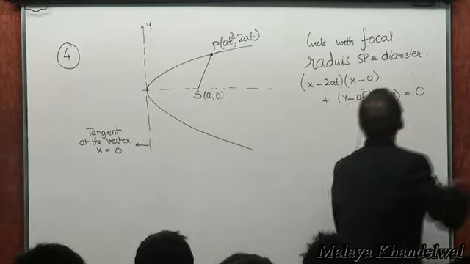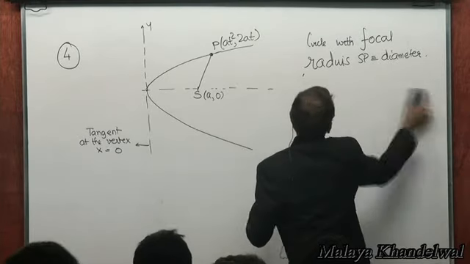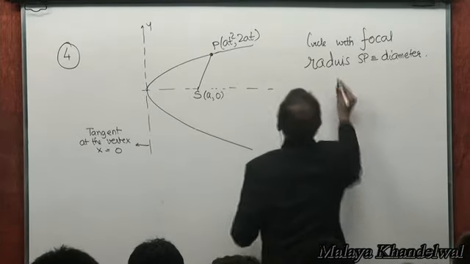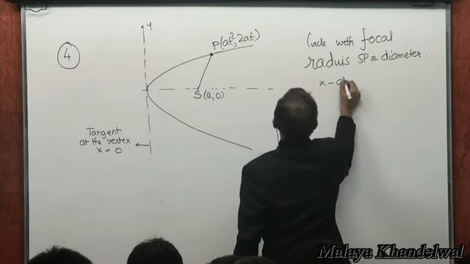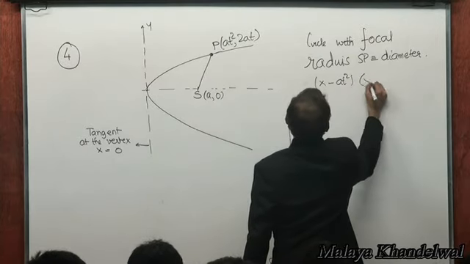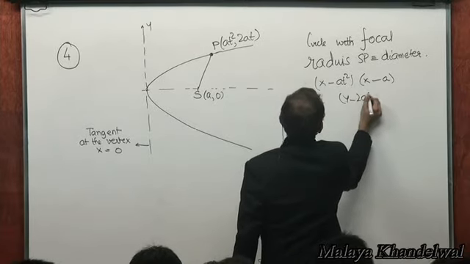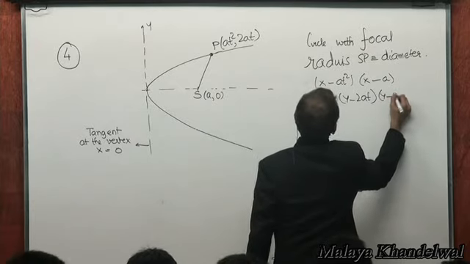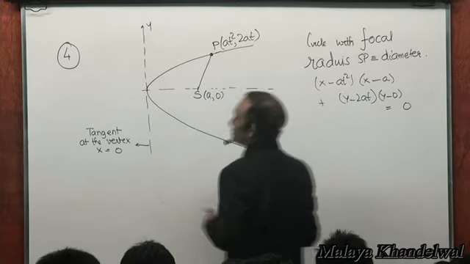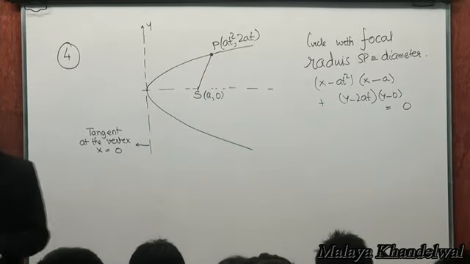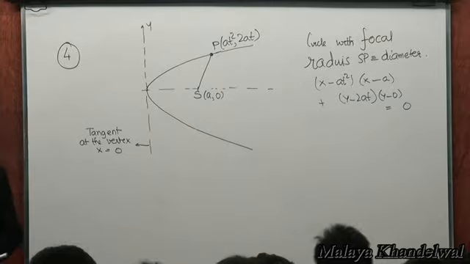I'm so sorry, I'll just fix this. So that is the circle with SP being the diameter, right?